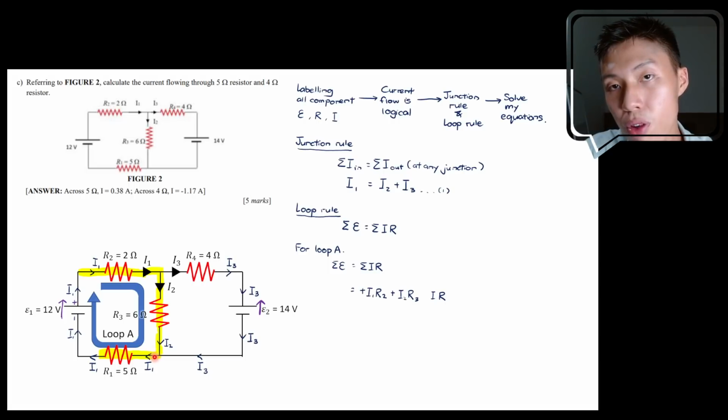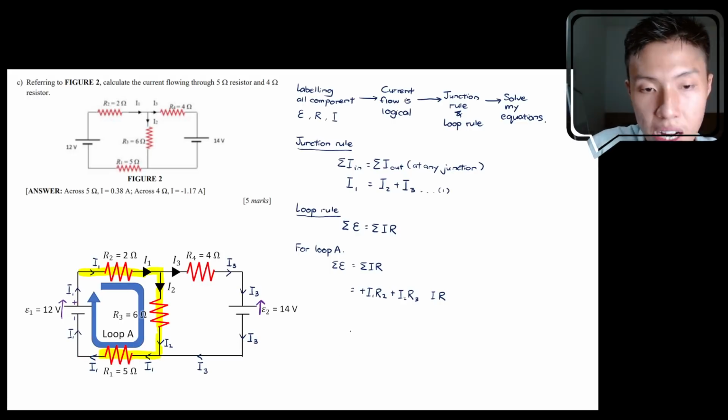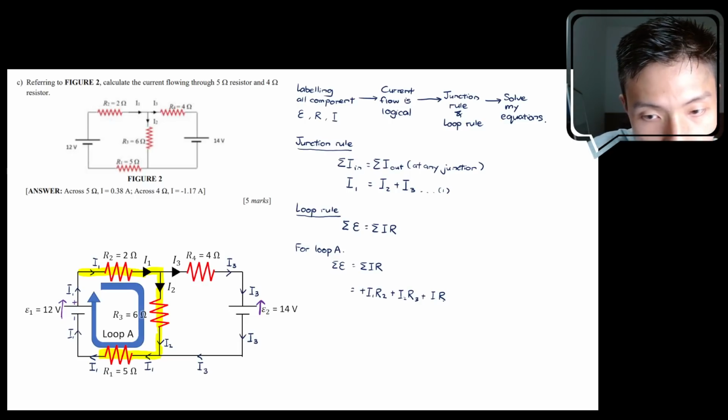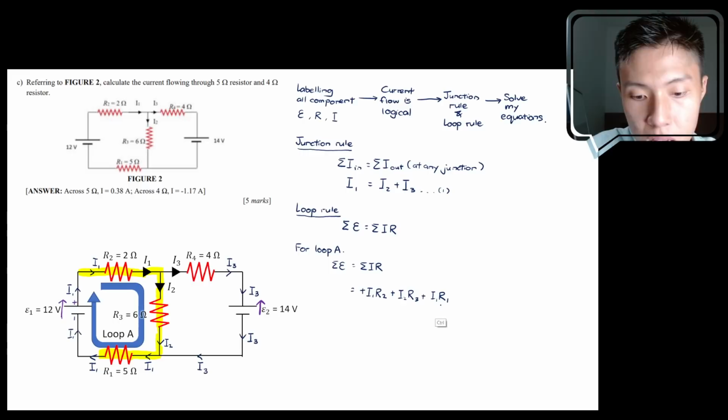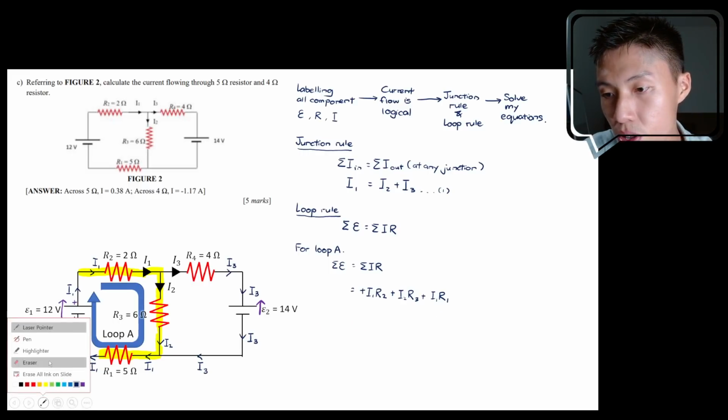The direction of your loop, which is the direction of my highlighter, is going from right to left, and the current flowing through R1, which is I1, is also flowing from right to left. That means the direction of current is the same as the direction of loop. So again, it's positive IR, so positive I1 R1.